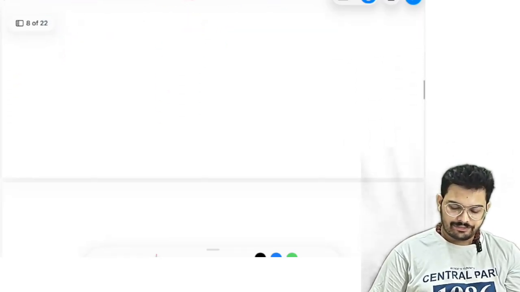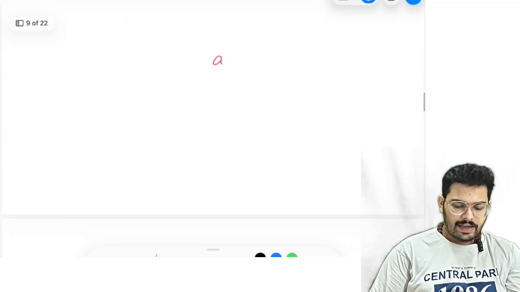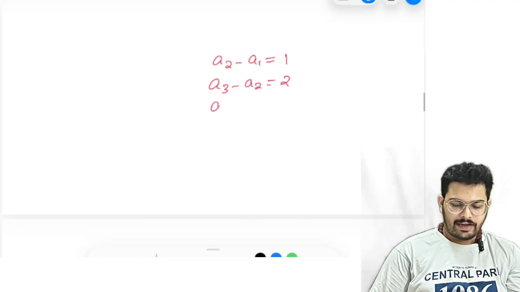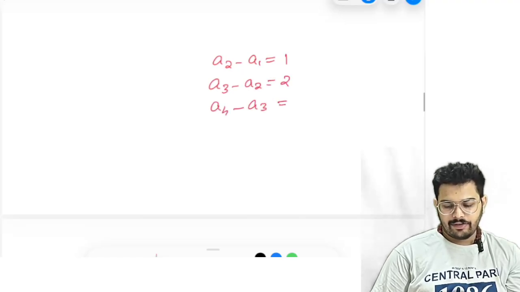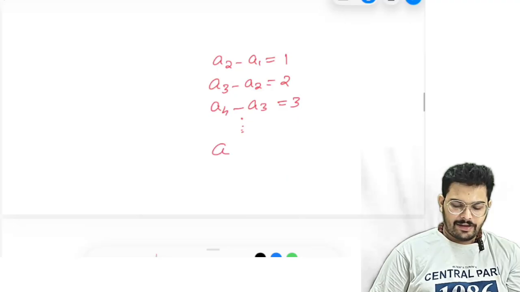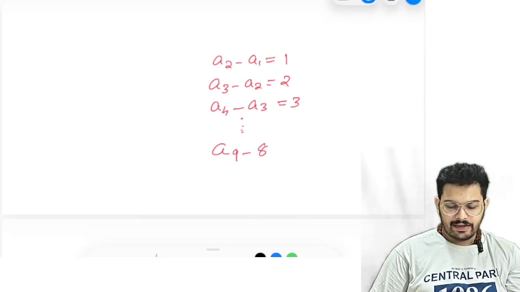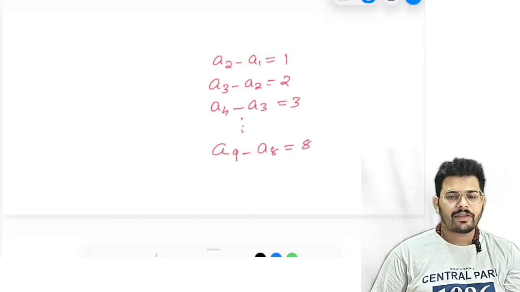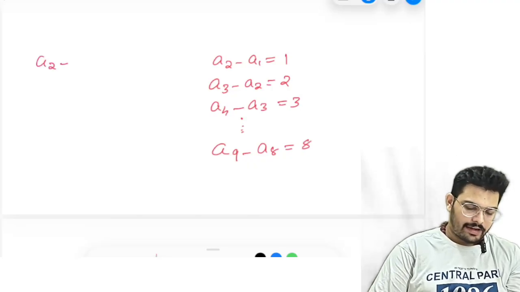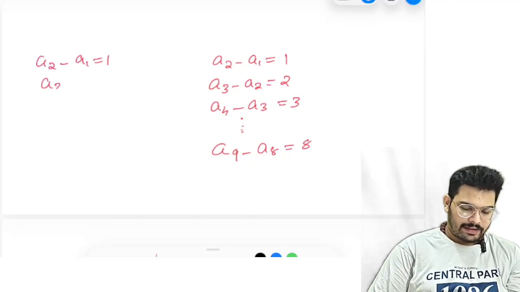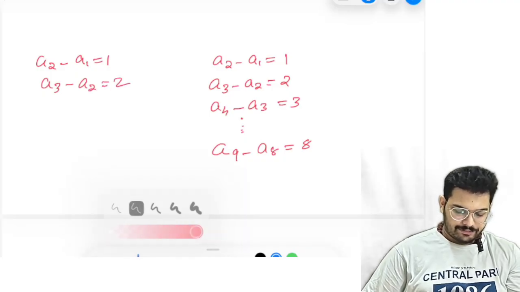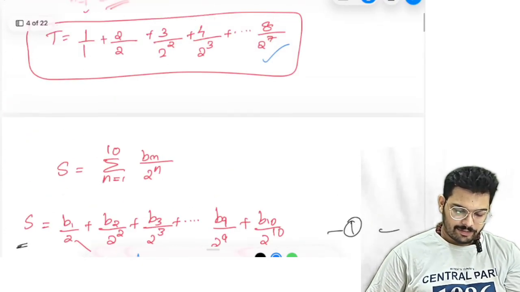We already know a2 minus a1 will be equal to 1, and a3 minus a2 will be equal to 2, and a4 minus a3 will be equal to 3, etc. a9 minus a8 will be equal to 8. Suppose you are taking two values, a2 minus a1 equal to 1 and a3 minus a2 equal to 2.